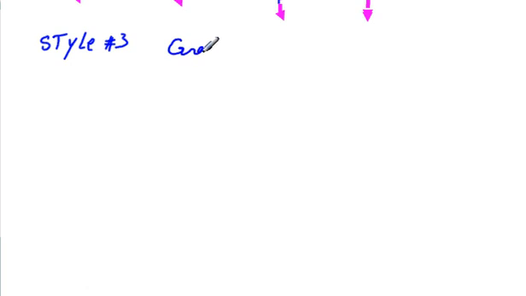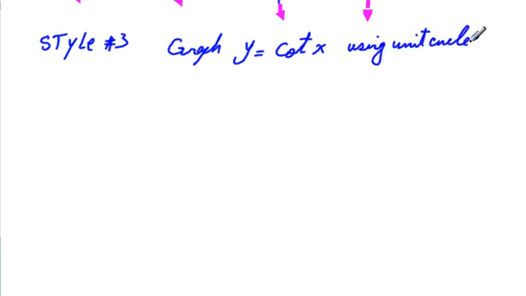Let's graph y equals cotangent of x using the unit circle. I changed the order because perhaps this is the easiest to digest, and the other ones need a little bit fancier footwork. Just out of curiosity, do you remember how we investigated tangent on the unit circle?